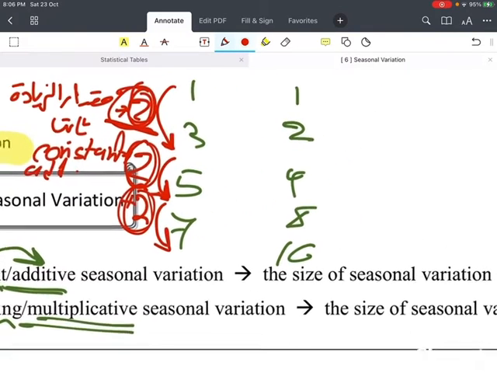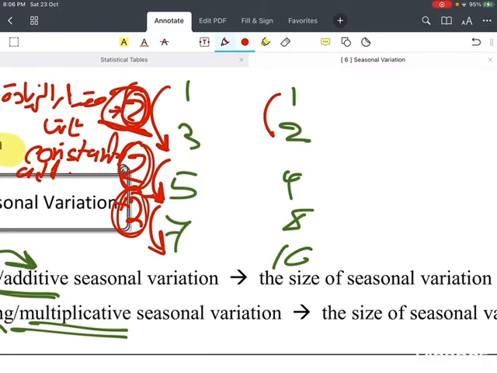Now the second type. From 1 to 2 it increased by 1. Then from 2 to 4 it increased by 2. Then from 4 to 8 it increased by 4. From 8 to 16 it increased by 8. So this change is not fixed.